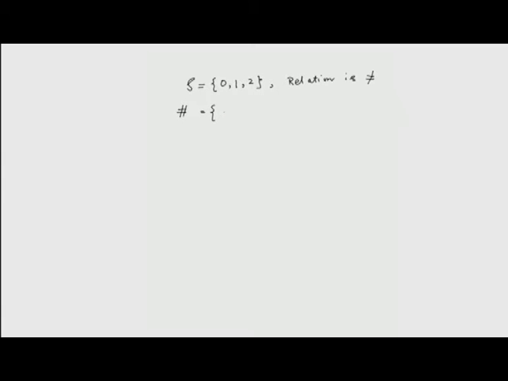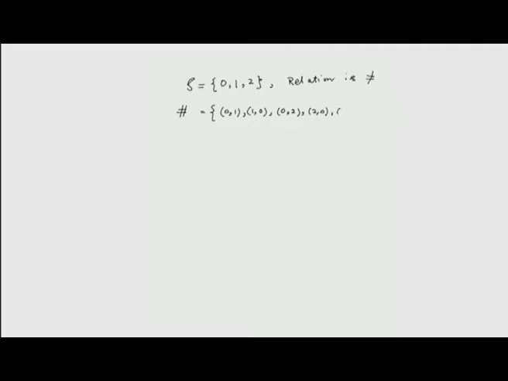So, 0 is related to 1 and 1 is related to 0. Then we have 0 is related to 2 and 2 is related to 0.